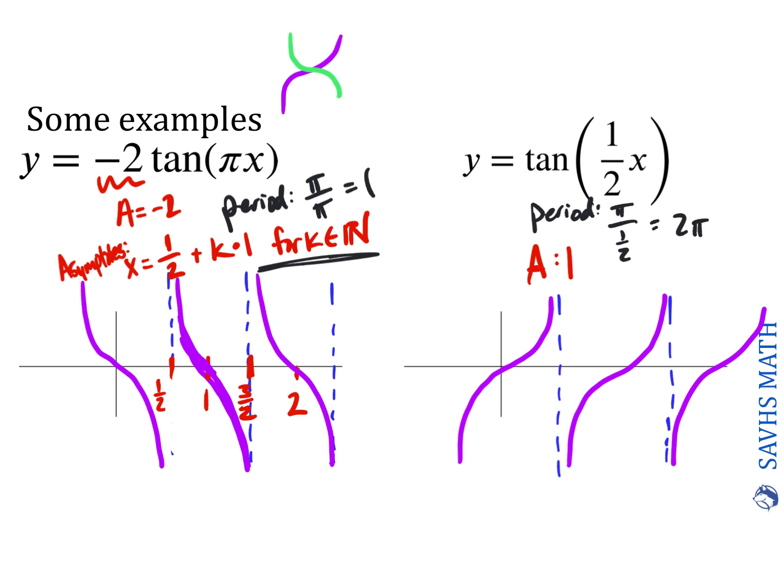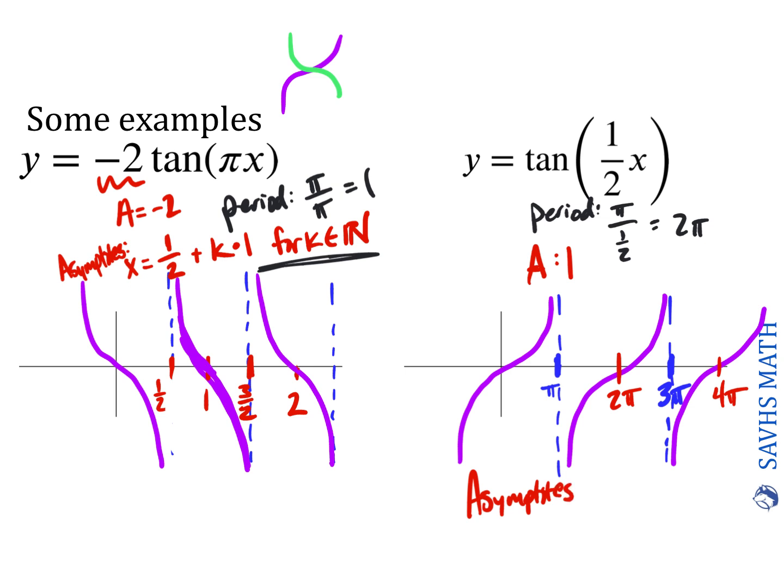Every time it repeats is a 2 pi, so that would be 4 pi. And then this would be at pi, and then this would be at 3 pi. That, I think, is enough information for you to go off of for your worksheet.